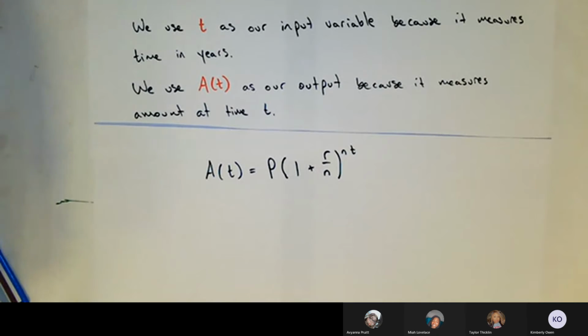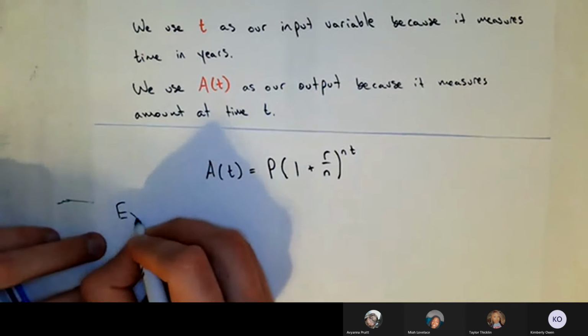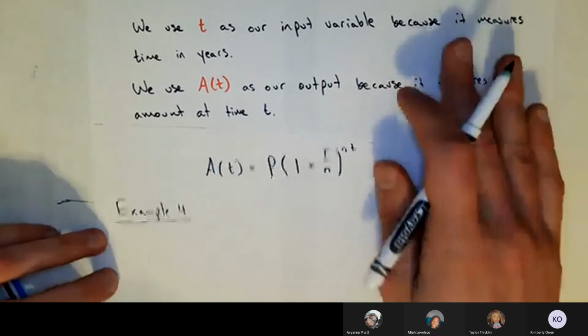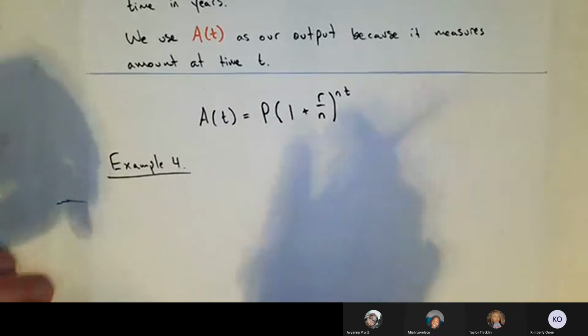There's the formula for compound interest, given some principal amount starting off in the account, given some rate of interest that would be given as well, and some number of times that the account compounds interest per year. So let's do an example. I believe this is example 4 for today. I'm going to use this formula.